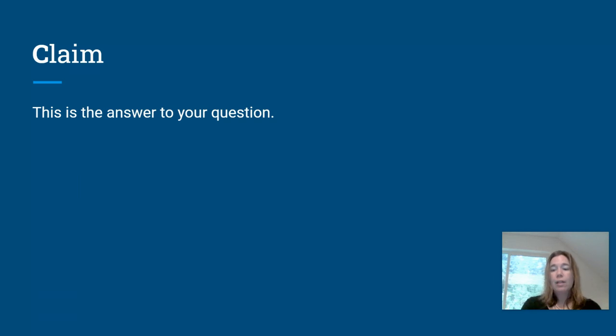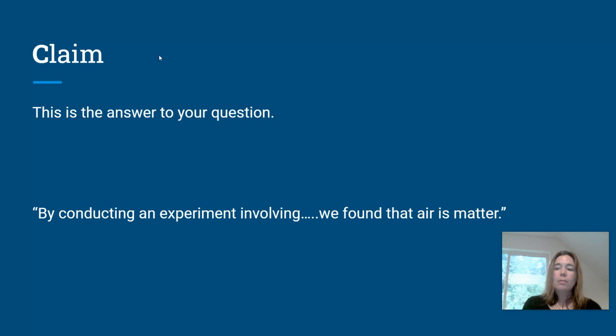However, if you're doing an actual conclusion, a CER type conclusion, you want to have a little bit of background information in there. With ours, it'd be like, by conducting an experiment involving two balloons, or the same balloon, one blown up with air, one without air, and finding the mass difference, we found that air is matter.